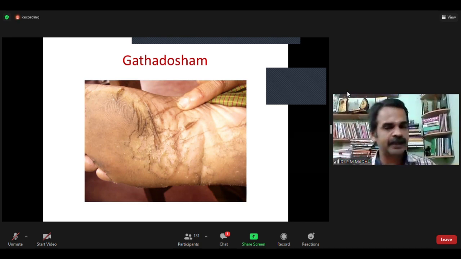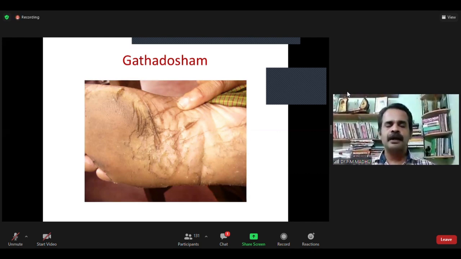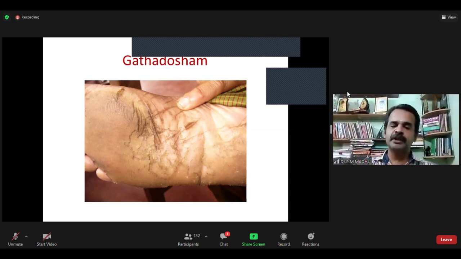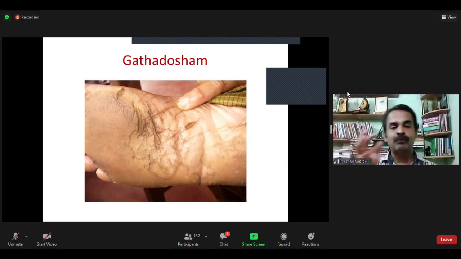Why that happens, you see, the Vata dislodges from the koshta due to reasons. Reasons means that there will be some pratilomakara nidana. And the srotovaigunya is there at the level of this plantar region. That is why the dislodged Vata lodges at the level of the plantar region itself.